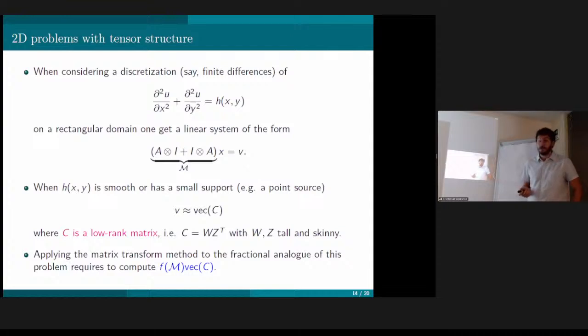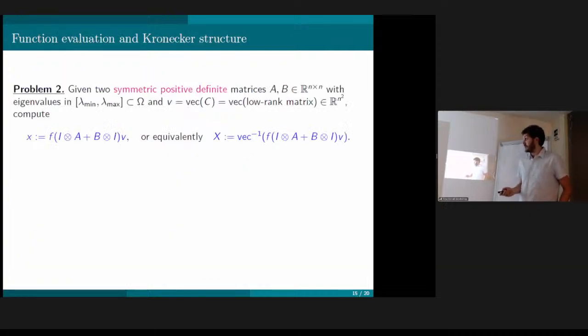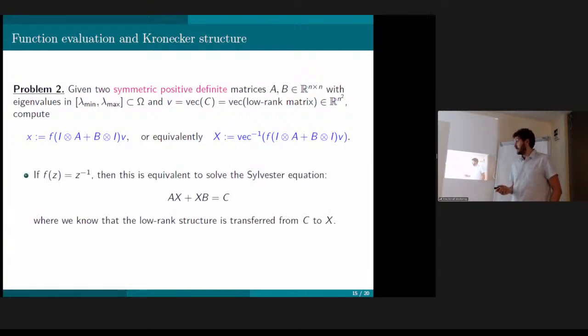You might have a Kronecker sum, and then also the right-hand side, which might be the discretization of a source term that is supported on a square, for example, or something that has a small support. Then it might be the vectorization of a low-rank matrix. So we want to do the same, evaluating f of a matrix times a vector, but this time the matrix has this Kronecker sum structure, and the vector is the vectorization of a low-rank matrix. And still we assume that the Kronecker sum is positive definite.